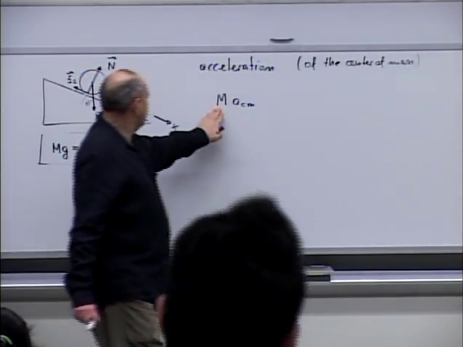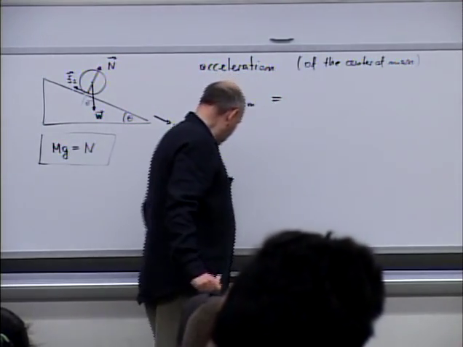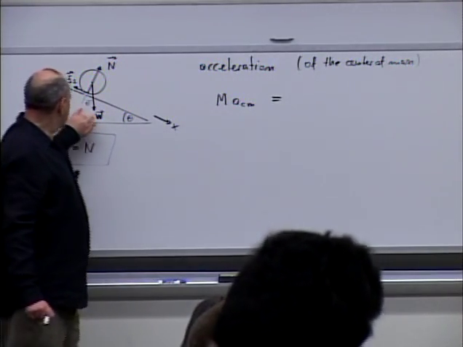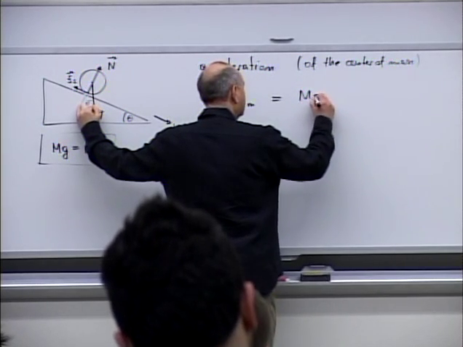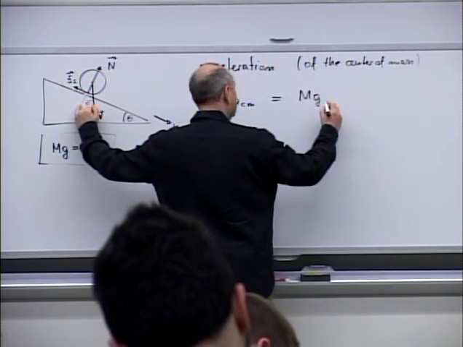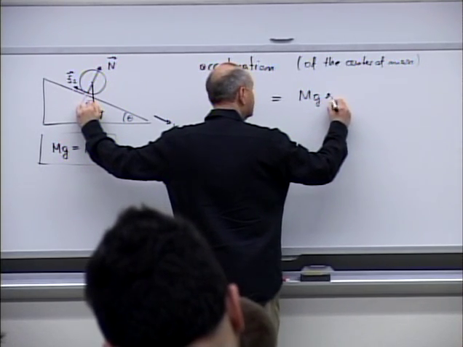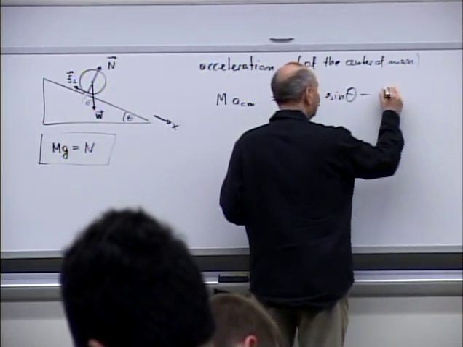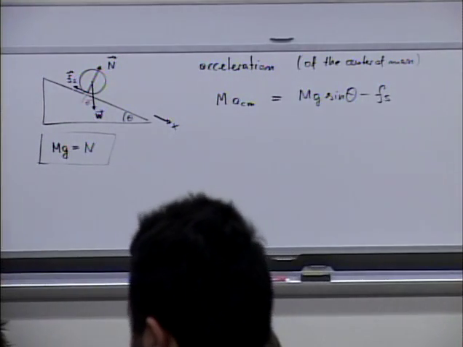All right, so mass times acceleration of the center of mass is supposed to be equal to the component of the net force. So we have the component of the weight, mass times acceleration due to gravity times, consistently with the figure, sine of theta, minus the component of the frictional force.